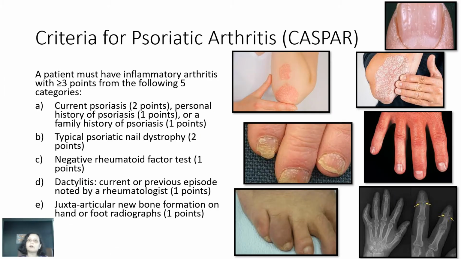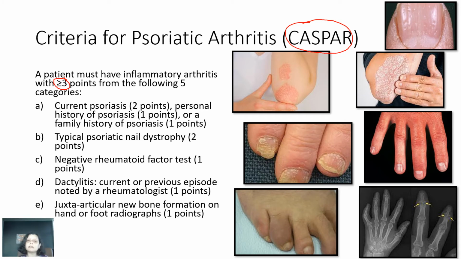So these are the criteria for diagnosing psoriatic arthritis. These are known as CASPAR criteria. You must have at least 3 points in the following categories to diagnose somebody with psoriatic arthritis. They need to have a history of psoriasis, or a family history of skin psoriasis. They need to have these typical nail lesions.